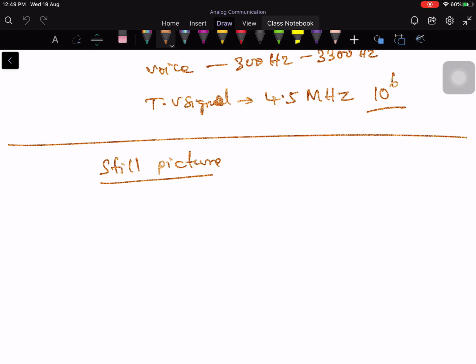I can scan it at a sufficiently slow rate so that it is possible to transmit the fax through the telephone line, and that's why fax transmission is possible over the telephone line, whereas TV signal transmission is obviously not possible over the telephone line, although there are new techniques which will again compress this, like I talked about the compression of the bandwidth of the speech signal.